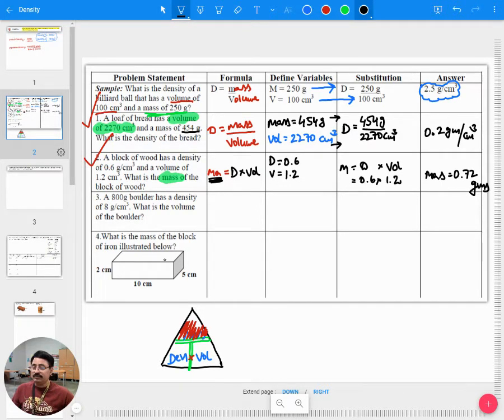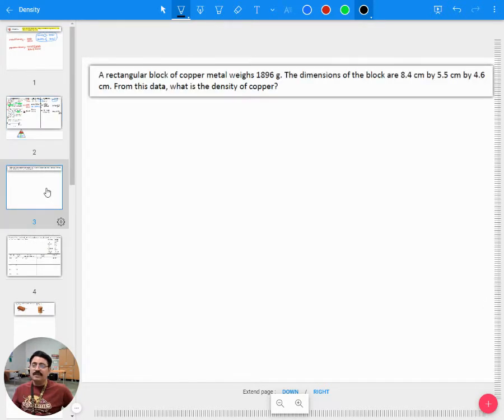Done. Anyhow, I'm skipping these questions because these kinds of questions are explained in the coming slides. So let me quickly go to the next page. A rectangular block of copper metal weighs 1,896 grams. Weight and mass are actually not the same.